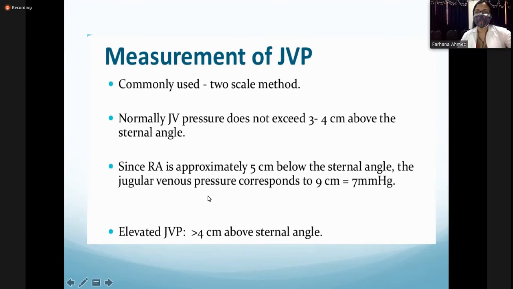Normally, JVP does not exceed 3 to 4 centimeter above the sternal angle. Since the RA is approximately 5 centimeter below the sternal angle, the jugular venous pressure corresponds to 9 centimeter, which is equivalent to 7 millimeter of mercury. We call it elevated if we find it is more than 4 centimeter above the sternal angle.